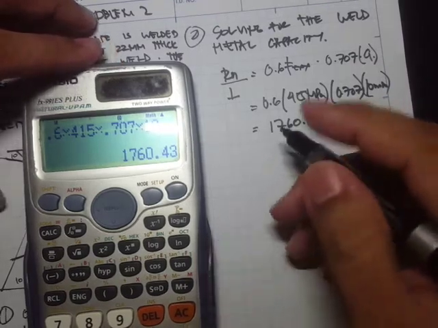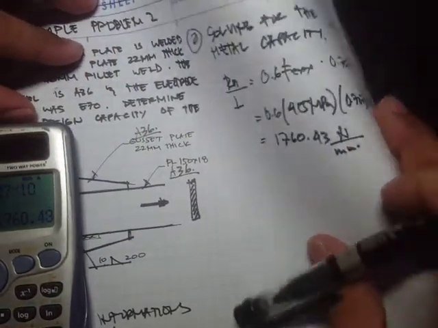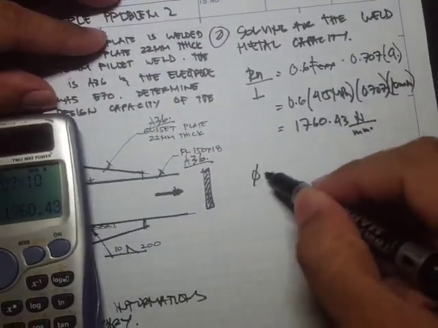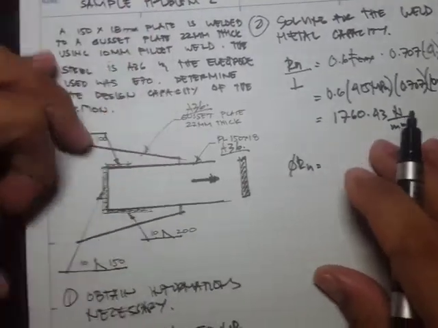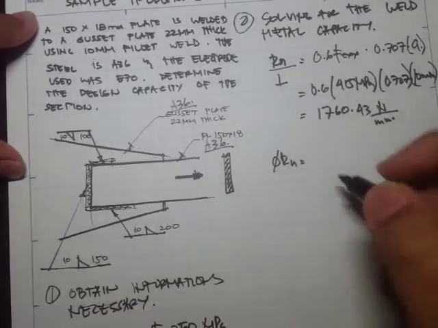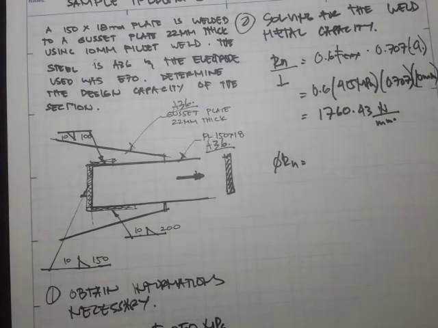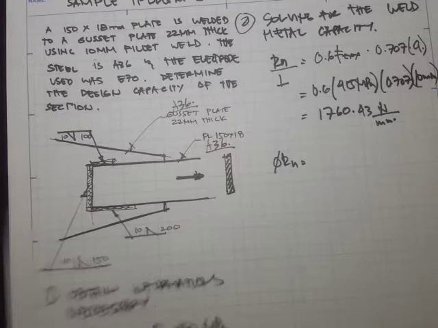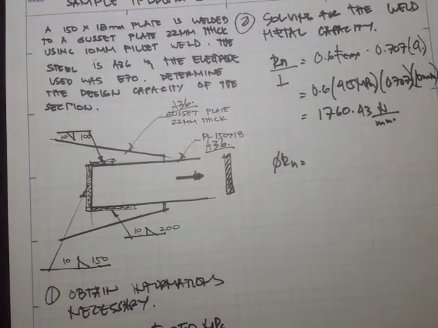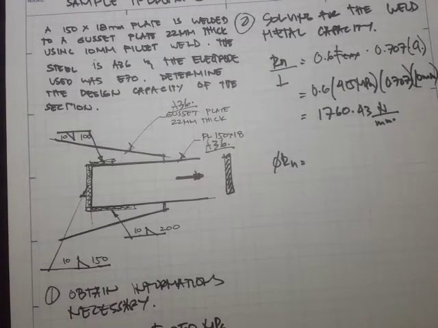Okay, so now let's solve for the factored capacity. It says that if we have a combination of a longitudinal and a transverse weld, then we should check the maximum value of the two. Yes, that's the maximum.